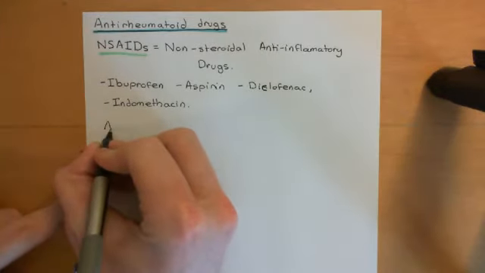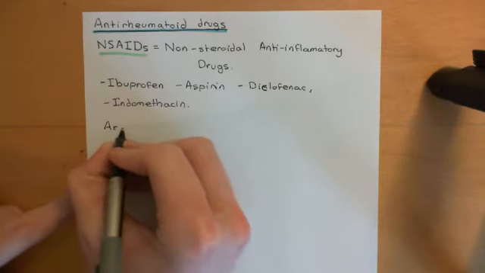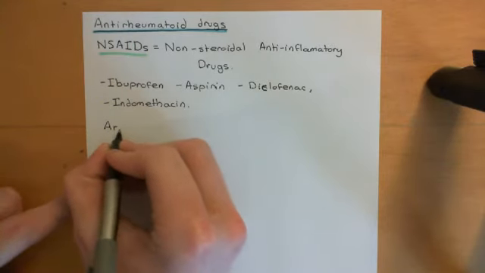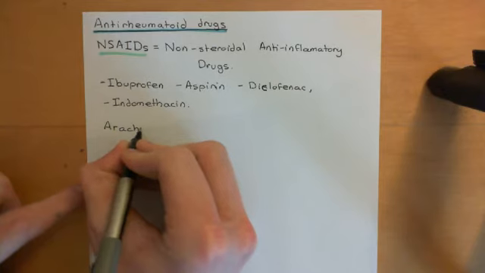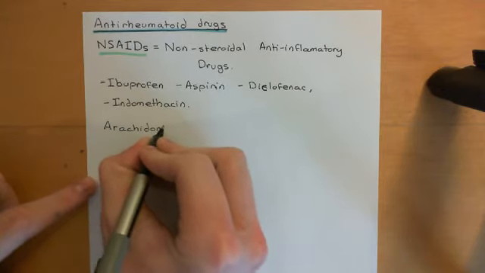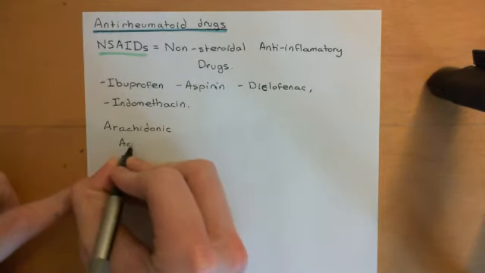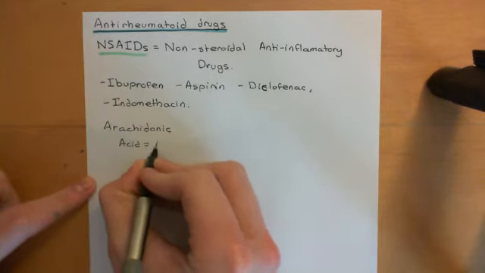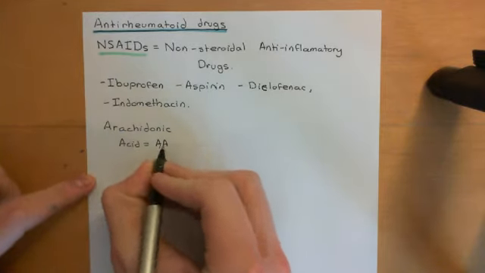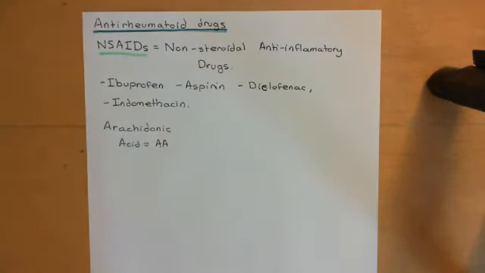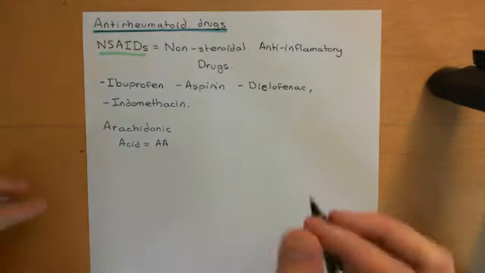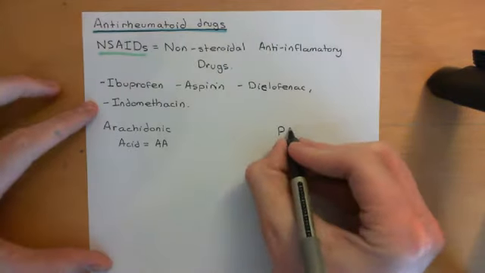Okay, so prostaglandins, both prostacyclin and prostaglandin E2, are made from the starting molecule arachidonic acid, which is often just abbreviated down to AA. Now in order to make final prostaglandins like prostaglandin I2 and prostaglandin E2, what you firstly have to do is convert arachidonic acid into something called prostaglandin H2.